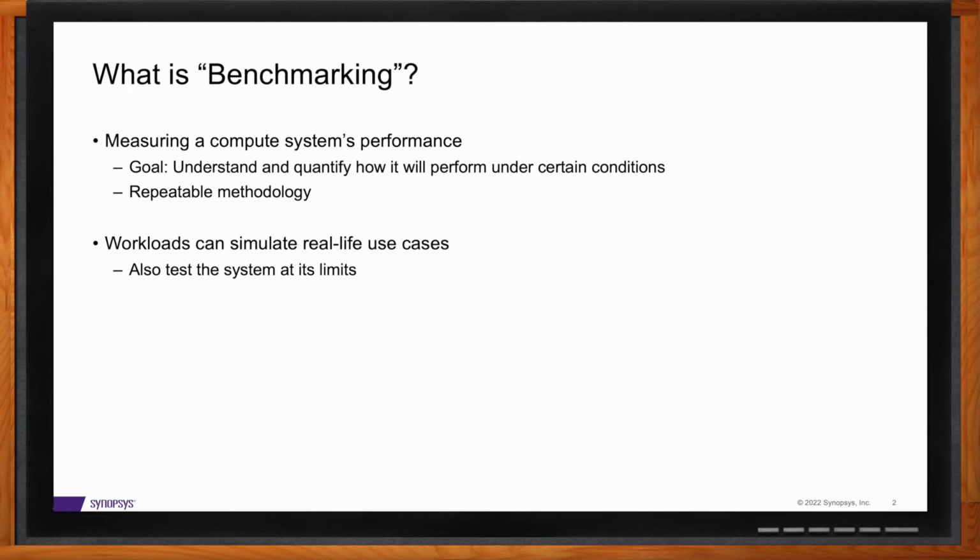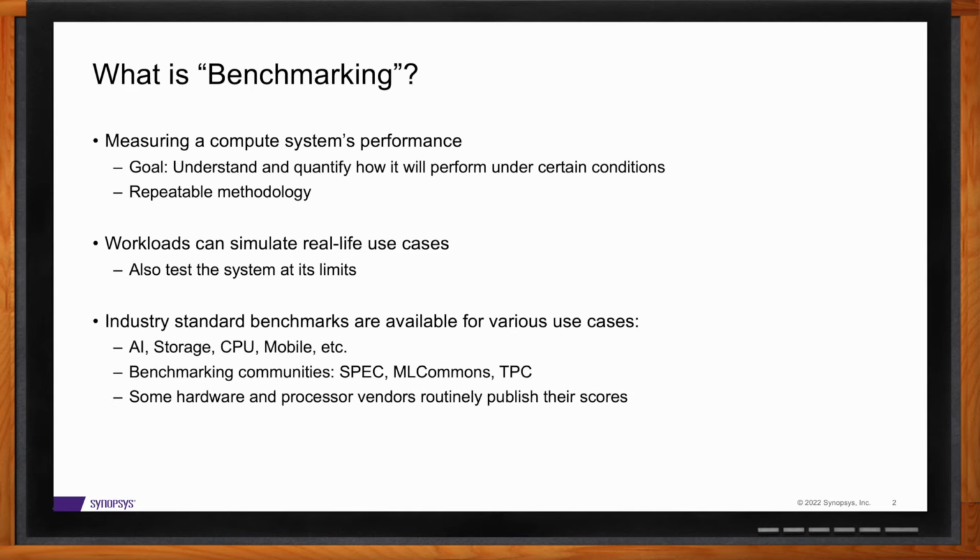And speaking of those industry standard benchmarks, there's many of them available for various use cases. So I mentioned AI. There's, of course, specific benchmarks for storage, measuring the CPU performance, of course. And we see also benchmarks in the mobile market as well.